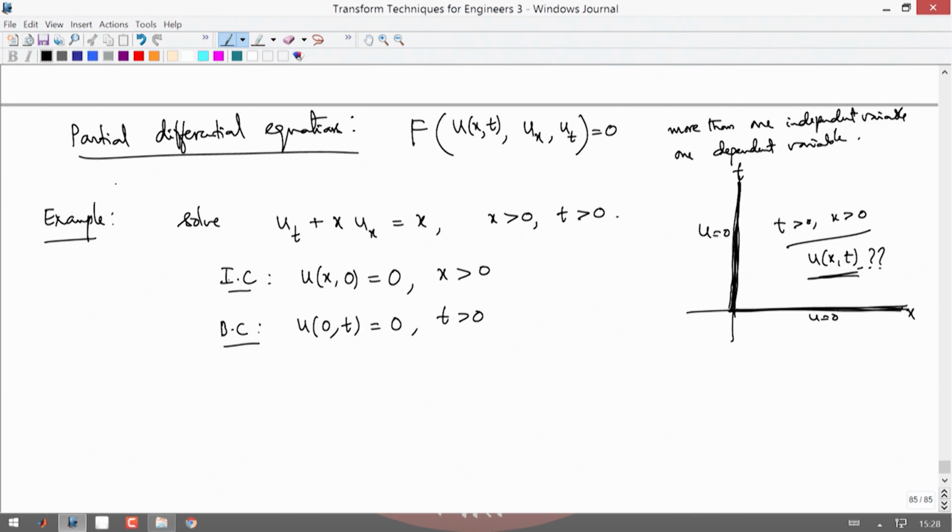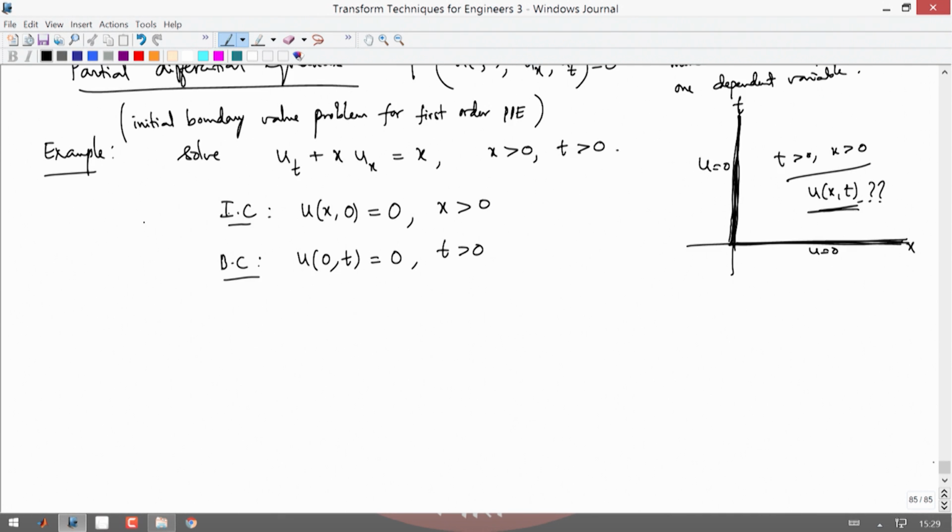So, that is why it is called an initial boundary value problem for a first order PDE.